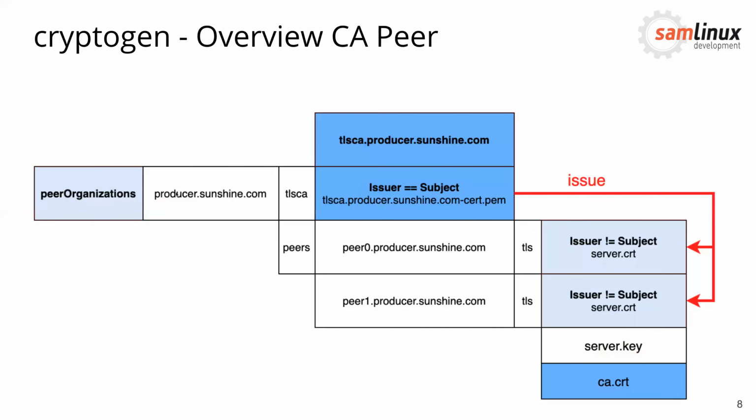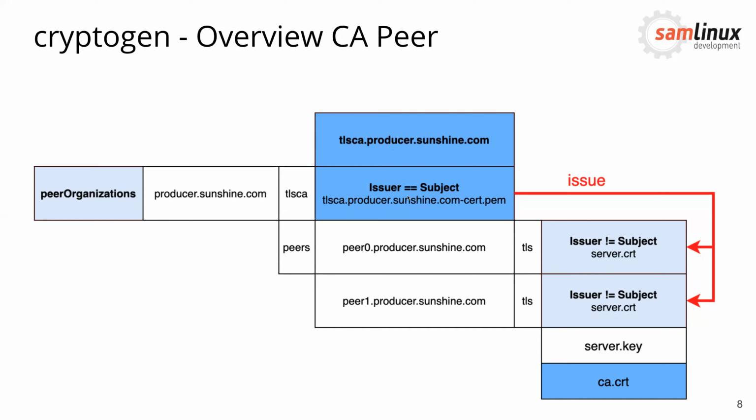When we have a second organization in our network, then we will have the same structure on another level. So you have here producer sunshine.com, and for this organization you have your own certificate authority. When you have here trading.sunshine.com, you will have another, separate certificate authority for this organization.